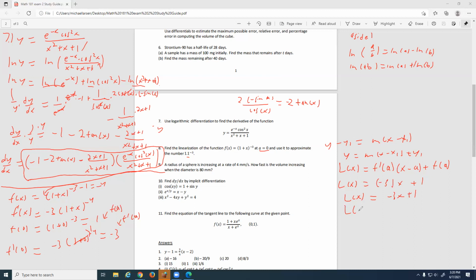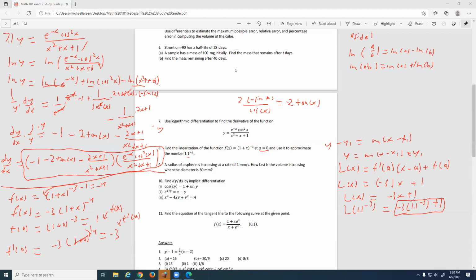We'll find L of 1.1 to the minus 3 power, which is minus 3 times 1.1 to the minus 3, plus 1. I don't think there's too much else we can simplify. You could rewrite 1.1 to the minus 3 as 1 over 1.1 cubed, but that won't make a huge difference.